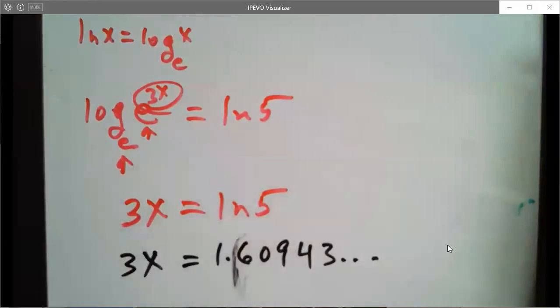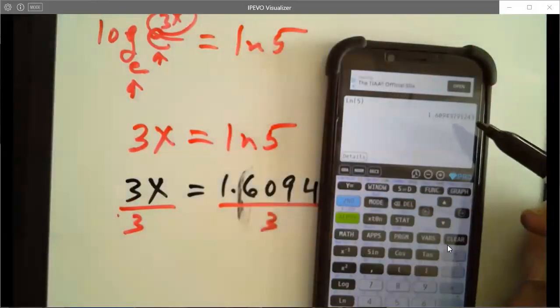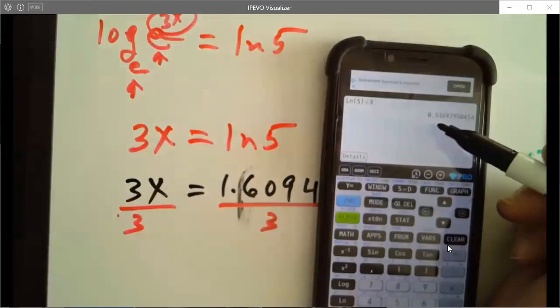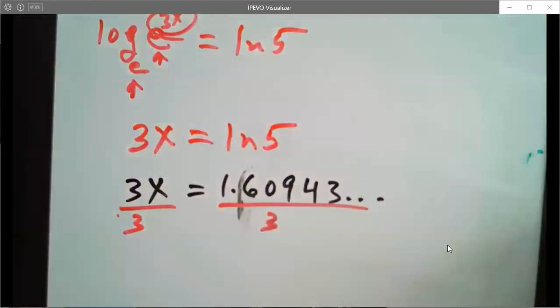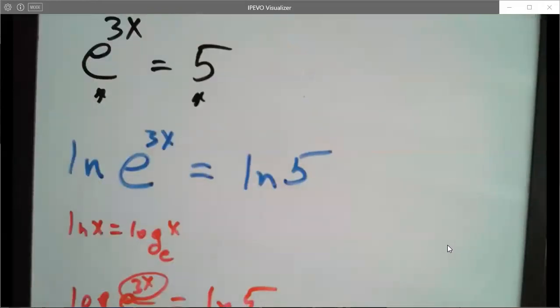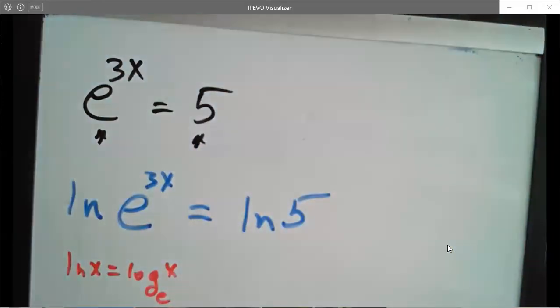Now we can just divide by 3. We just keep this in the calculator and divide that by 3, and we get 0.536. So x equals 0.536.